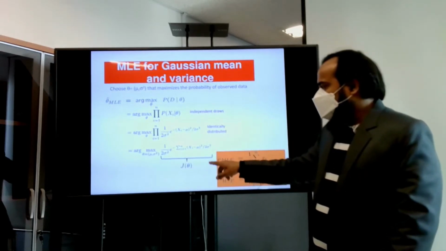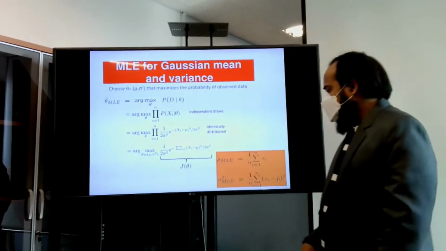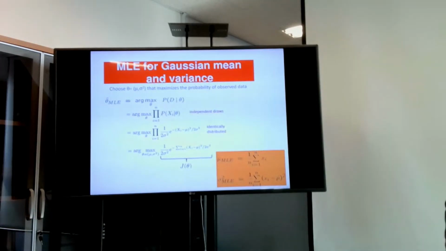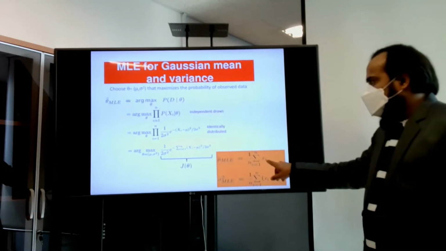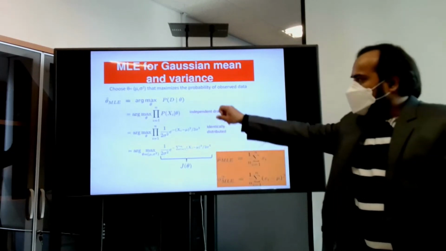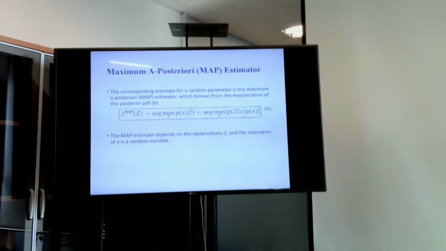Then differentiate with respect to theta, where theta is the mean and variance, and then this thing will occur. So this is the estimated mean, and this is the estimated variance calculated after applying this formula. Okay, clear?